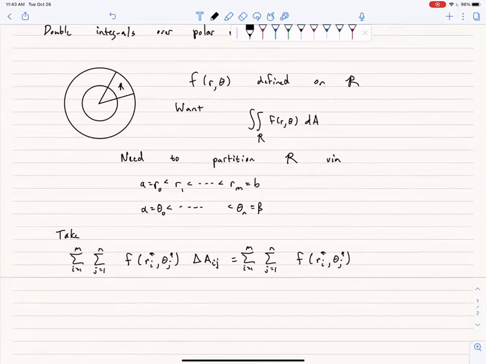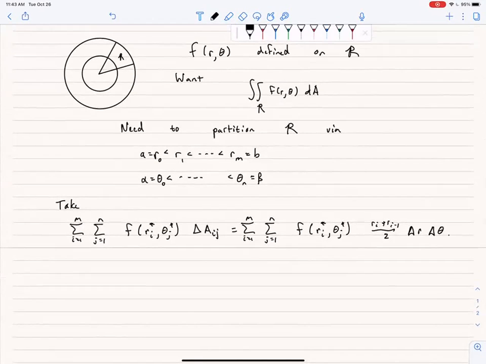So we have 1/2 (r_i plus r_{i-1}), and I'll put the 2 down here, times delta r delta theta. And you can write delta r_i if you want. That's fine, however you want to do it.